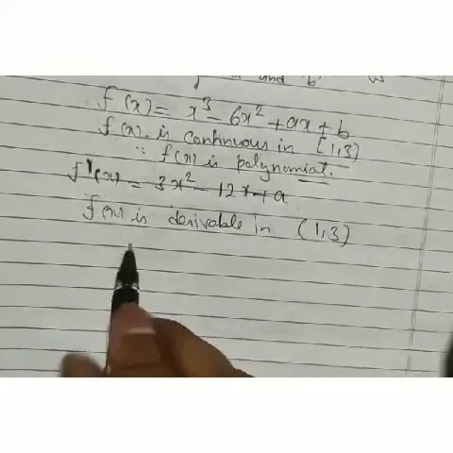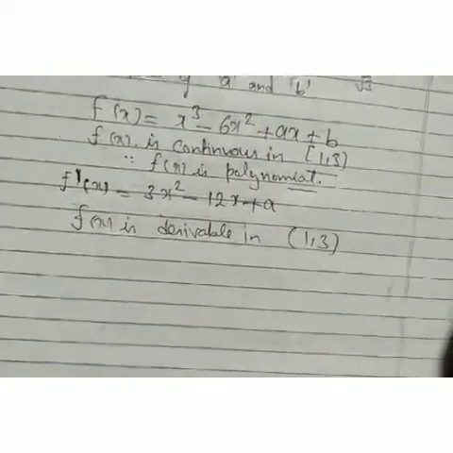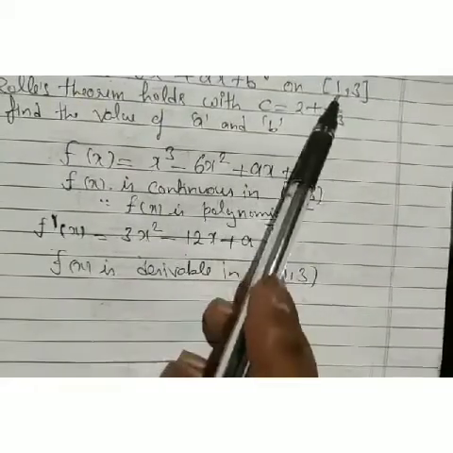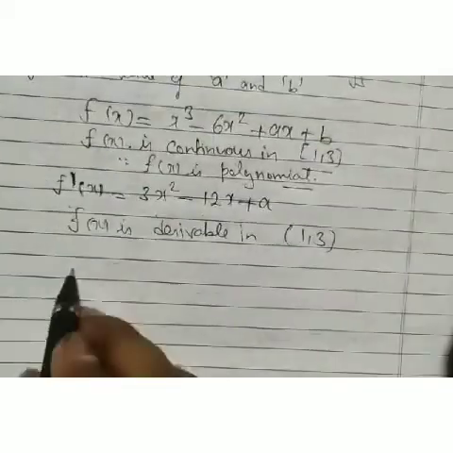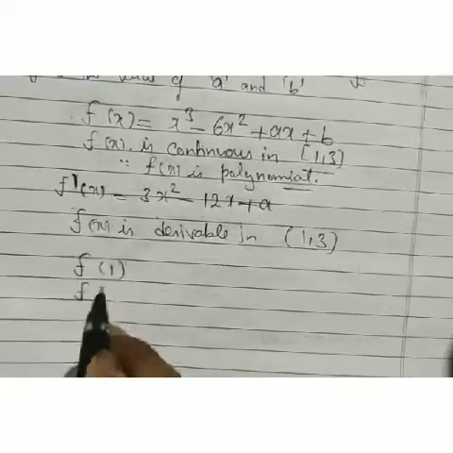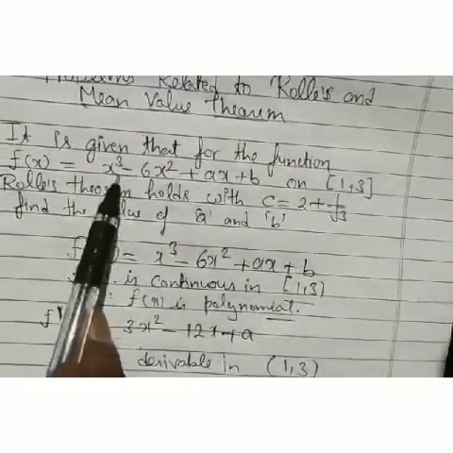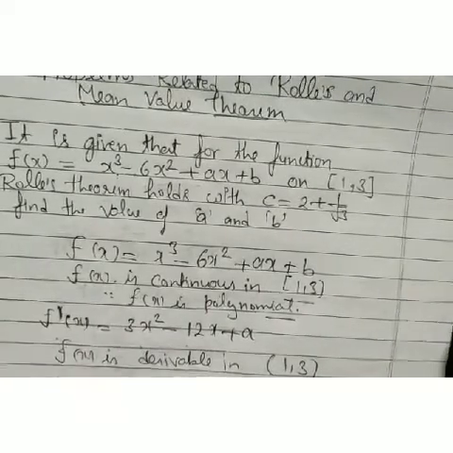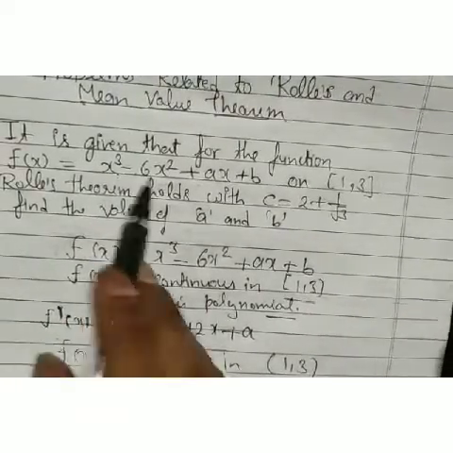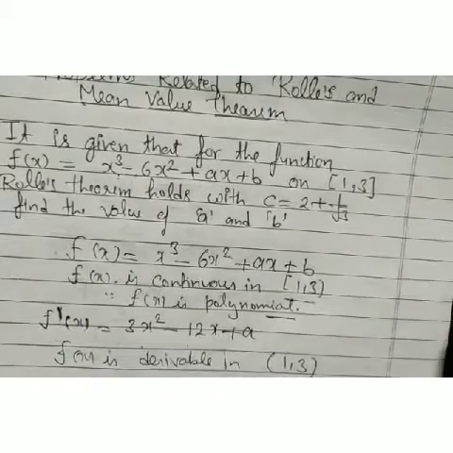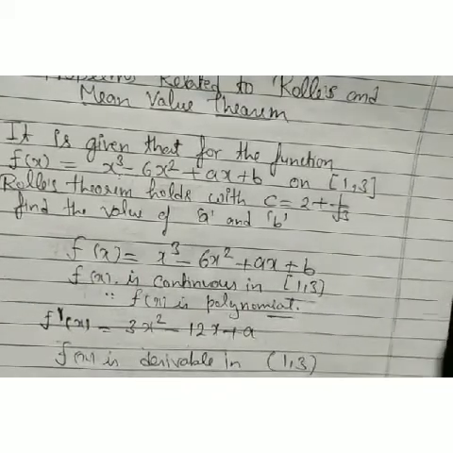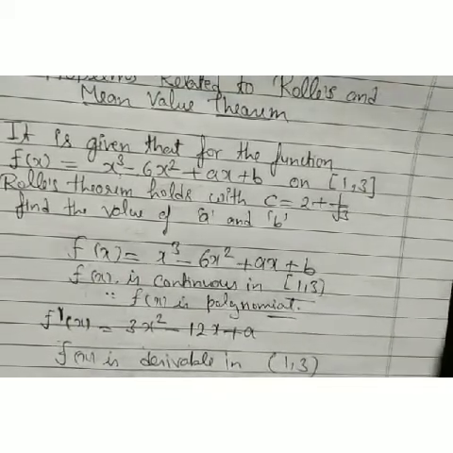Now the third condition is f(a) equal to f(b). Here a is 1 and b is 3. Now we have to find f(1) and f(3). f(1) is 1 cube minus 6 times 1 square plus a into 1 plus b.